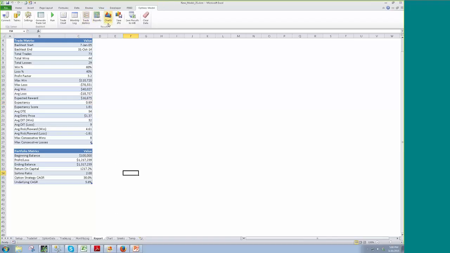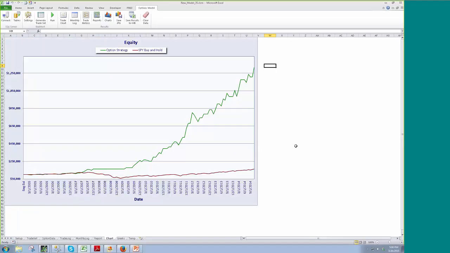So with the monthly log done, let me generate our equity curve. Here you can see the equity curve looks very nice compared with the buy and hold. One of the interesting things is that in the system that I'm running, I have some technical analysis based on a long-term trend indicator, and when that trend slope is negative, you're not taking any trades.